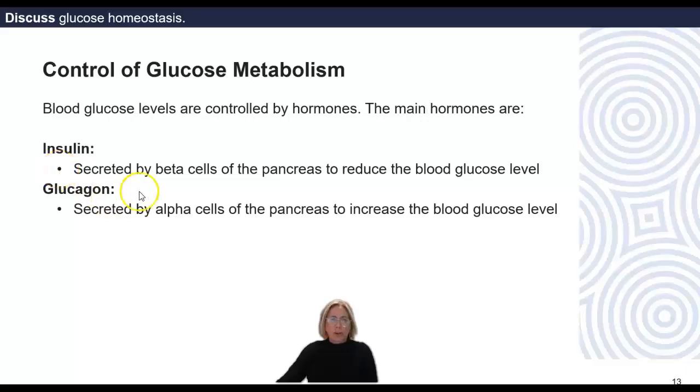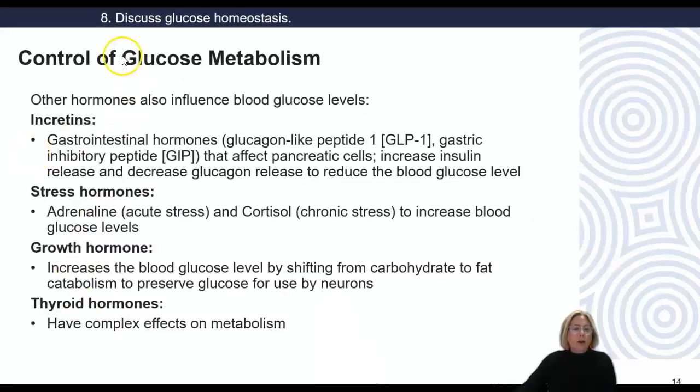And this is just summarizing what I mentioned. Just remember the beta cells secrete the insulin, the alpha cells in the pancreas produce and secrete the glucagon. Okay, so there are many other hormones that do control glucose metabolism. For example, we have the incretins. These are gastrointestinal hormones.